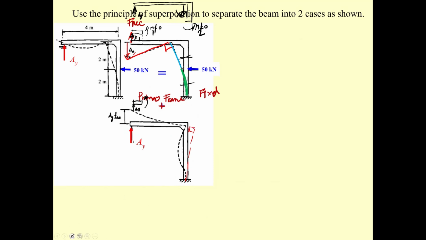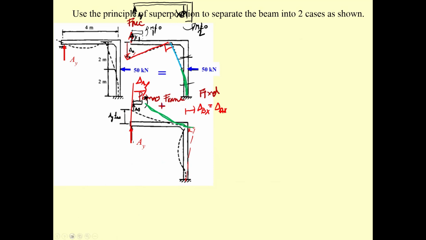And then the deflection of the beam should be something like this curve. And then you should know that the horizontal delta sub AX and horizontal delta sub BX are equal. It has an equal distance.